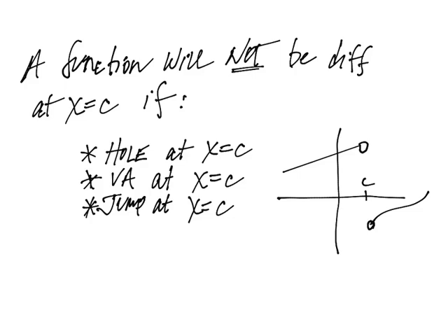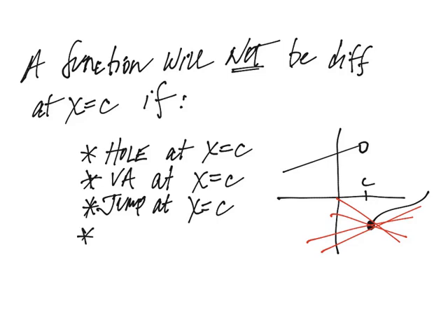Another way to look at it would be to fill in one of these endpoints where you've got a jump but an actual functional value there at c. The same argument can be made here that you can make with the absolute value. You've got multiple tangent lines through there, each with a different numeric value of slope, making it not differentiable at that value of c.